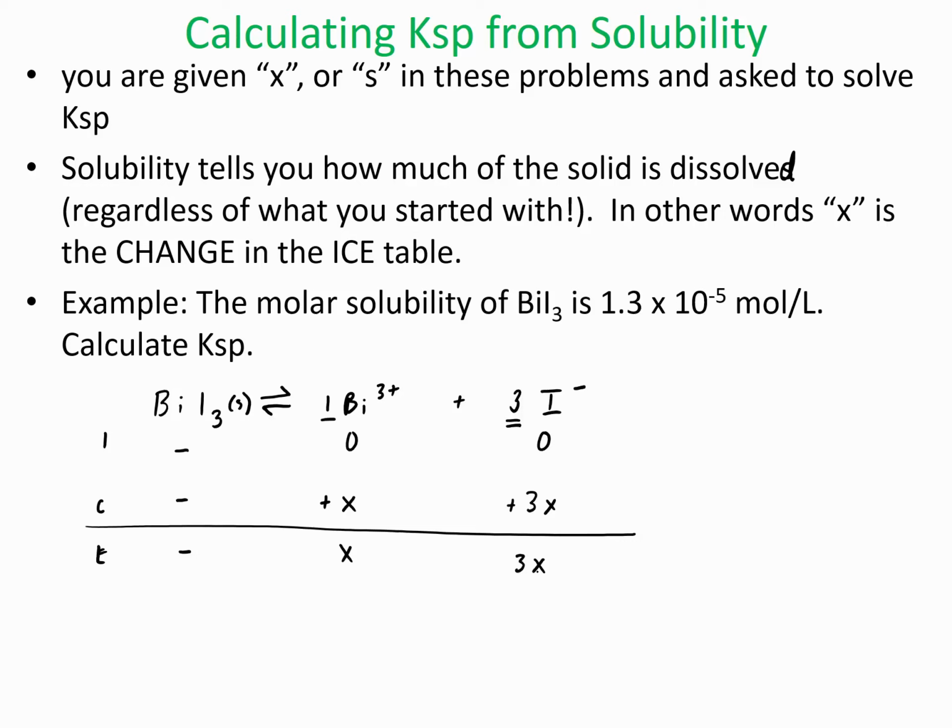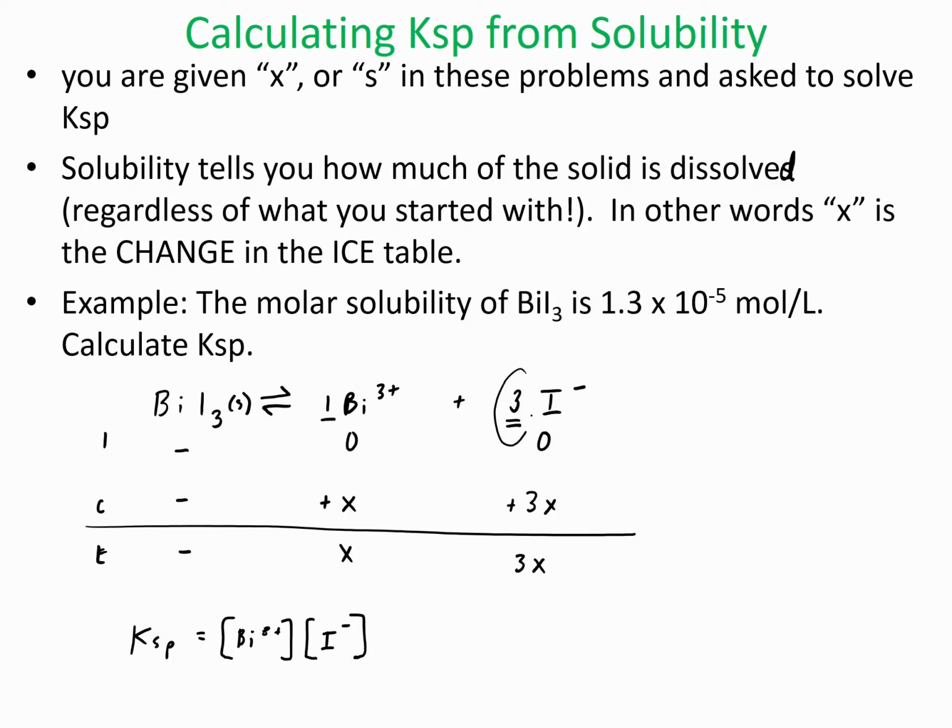Now we set up our Ksp expression, and I always like to write out Ksp for this, and I'll tell you why. I see a lot of students make mistakes on this part: bismuth 3 plus, and sometimes students don't cube or square things.